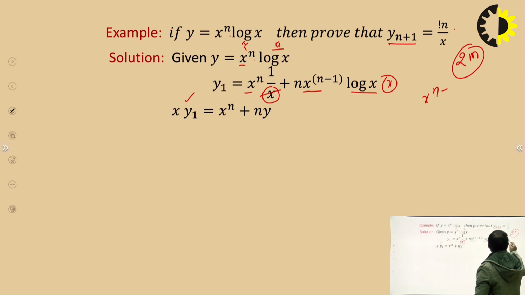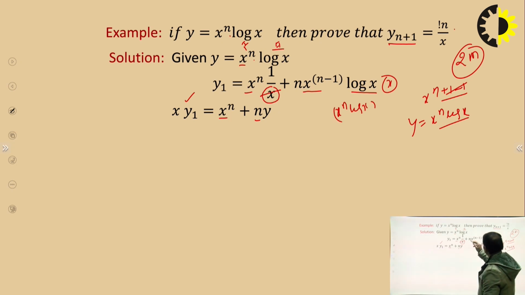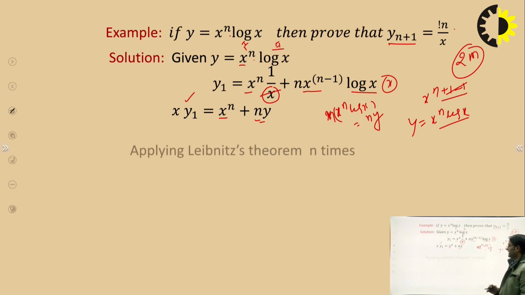By making 1 power, you can say add and minus, it should be x to power n, and then it should be ny, because y is given to us as x to power n log x. So here we get x to power n log x, and the product of n is also there, so this is n of y. There you are. So now x y1 is supposed to be x to power n plus ny.